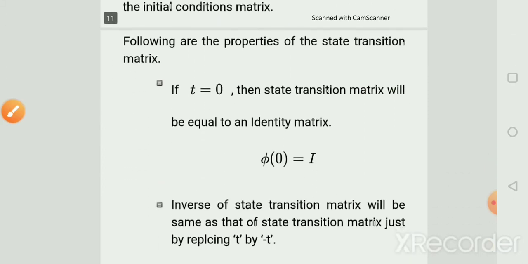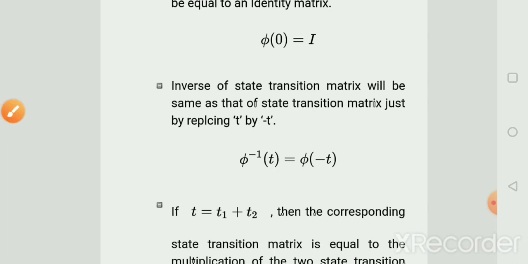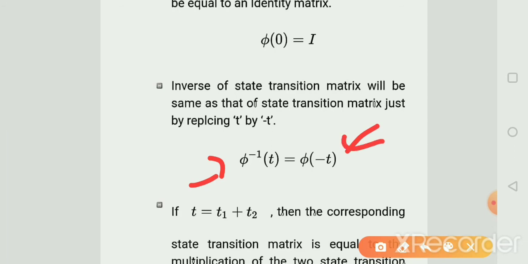So the properties for this matrix are: if t equal to 0, then the state transition matrix will be equal to the identity matrix. For the next, the inverse of the state transition matrix can be obtained by replacing t by minus t.